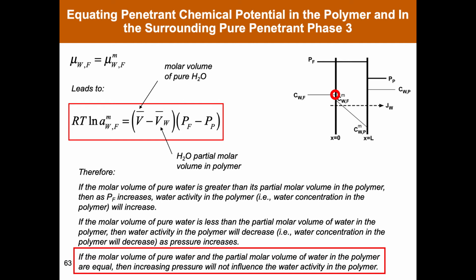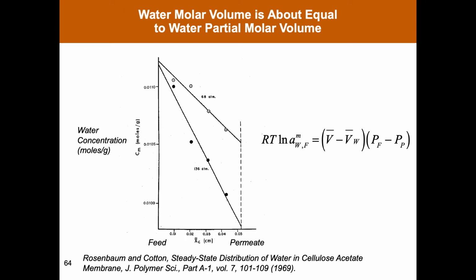And it turns out that these values for molar volume and partial molar volume of water are so close to one another that as you increase pressure here, you see almost no change in concentration. And that's simply because the molar volume and partial molar volume of the water are essentially equal to one another.